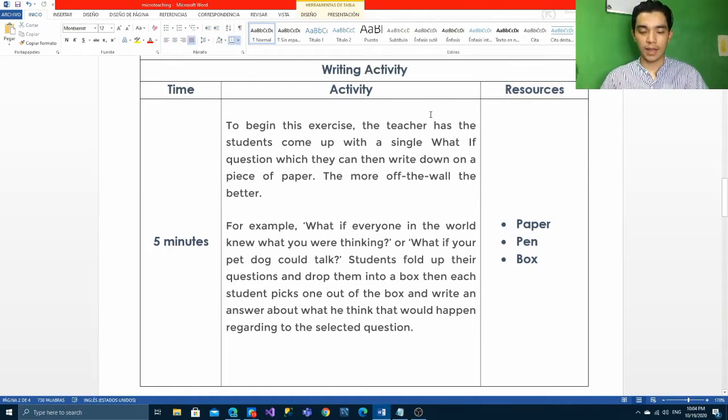About the activity, it's an activity where the students have the opportunity to think freely and make questions like, what if everyone in the world knew what you were thinking? Or, what if your pet dog could talk? But maybe you're wondering, what is the purpose of this activity?